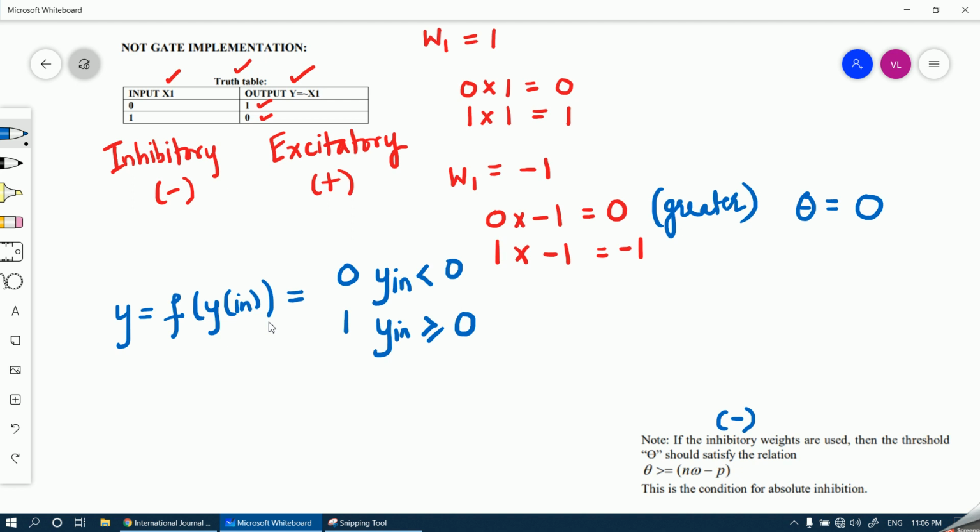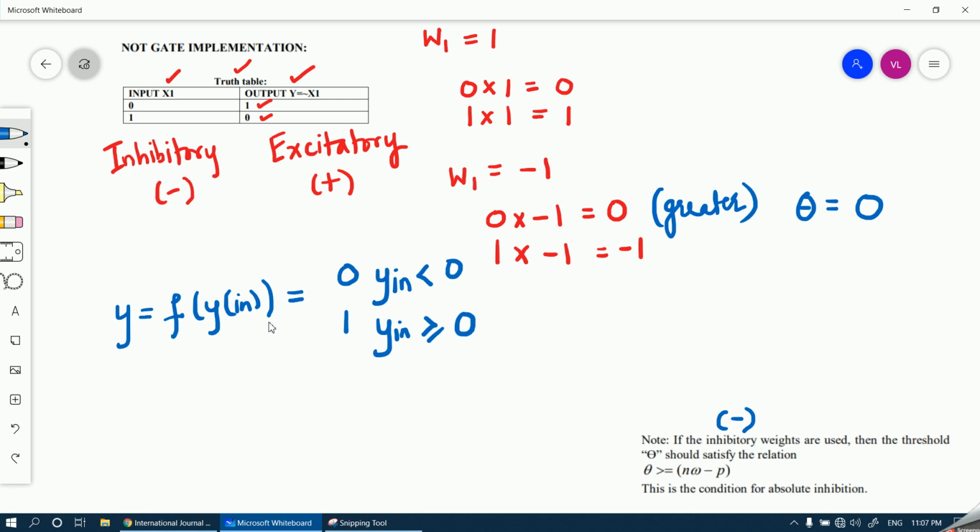We saw that when we used excitatory weight, we were not getting the condition of satisfaction for whether a neuron will fire or not. But when we used an inhibitory weight, that is -1, the threshold satisfied the relation as well as the condition.